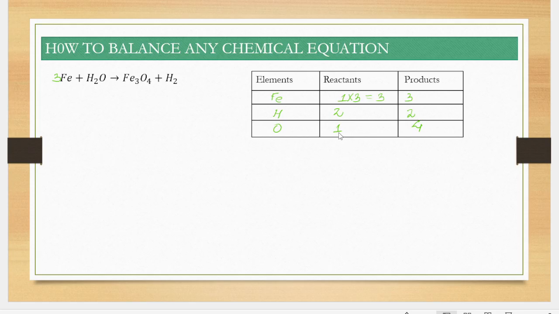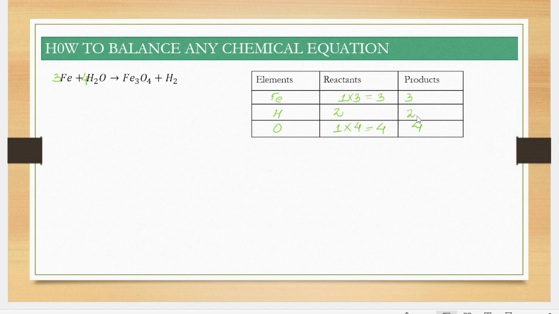Oxygen on the reactant is 1 and on the product 4, so to balance it we will multiply 1 with 4. Now you see, reactant and product are balanced. On the reactant side we have multiplied oxygen with 4, so we'll write 4 here. But when you have written 4 here, you see the number of atoms of hydrogen has changed.